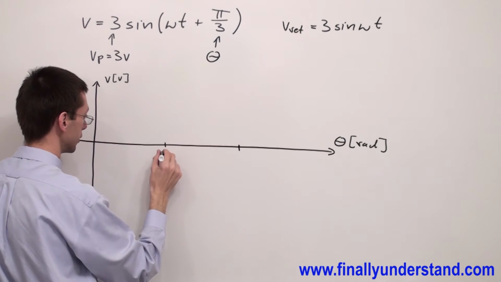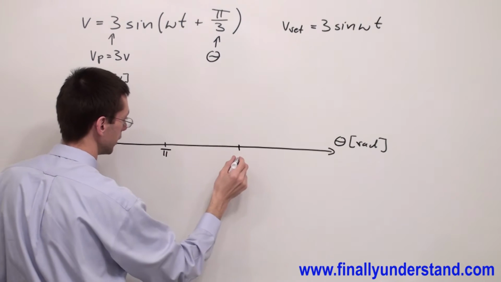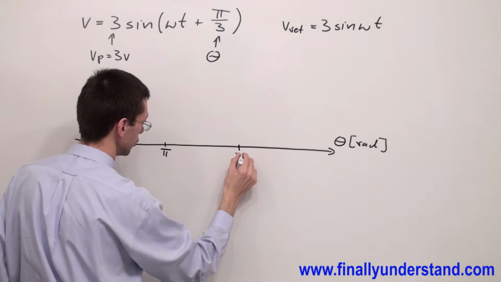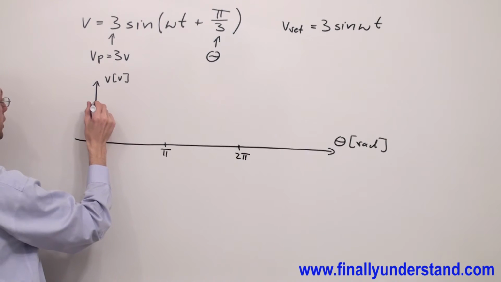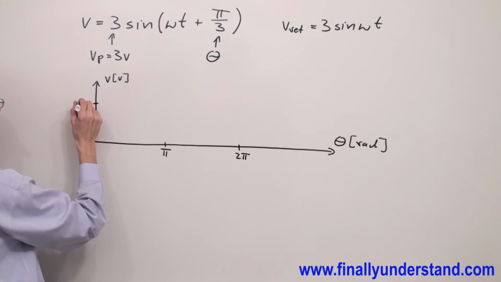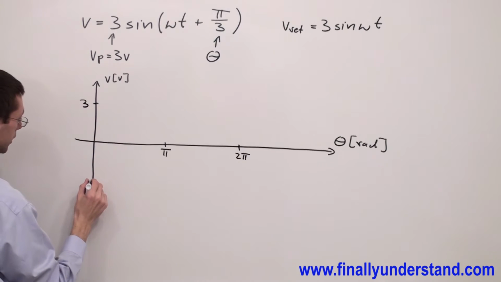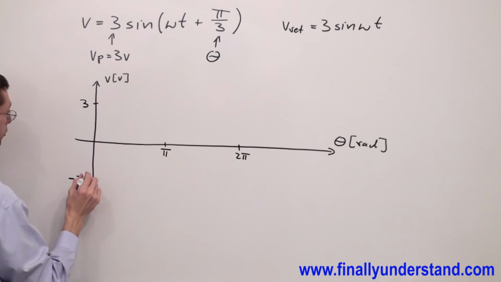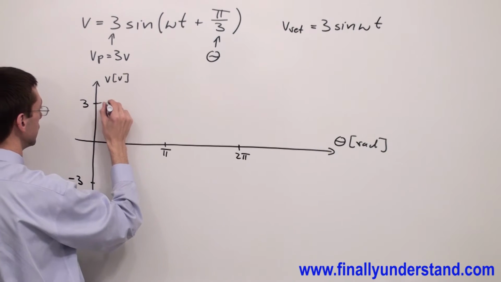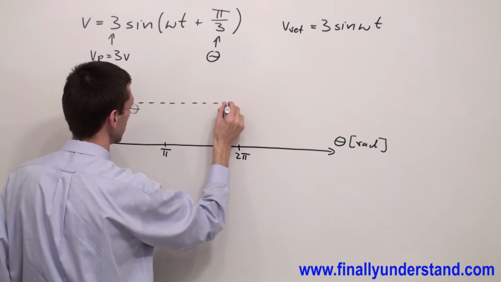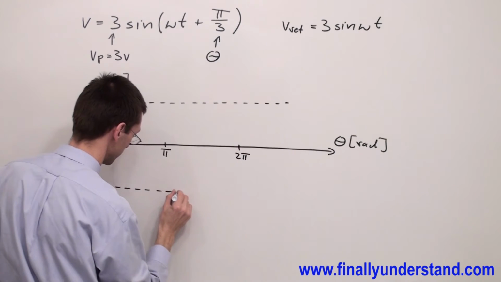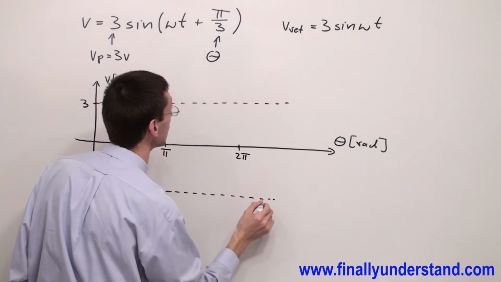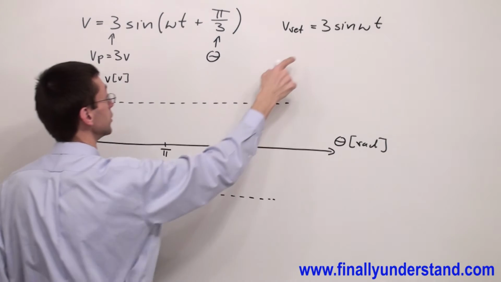So this is pi, and this is 2 pi. My peak values are 3 volts and negative 3 volts. I'm going to draw the dashed lines in order to make the wave look symmetrical. I'm talking about the sine wave at this moment.